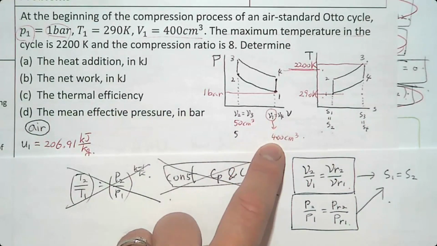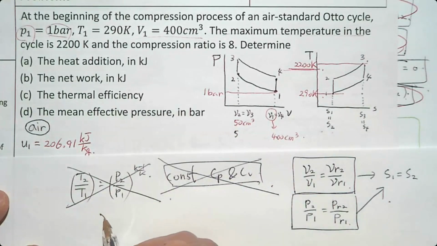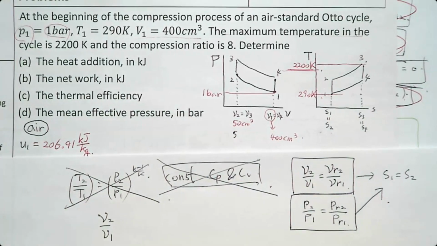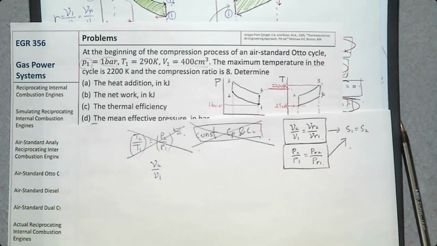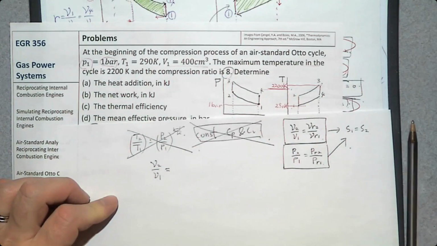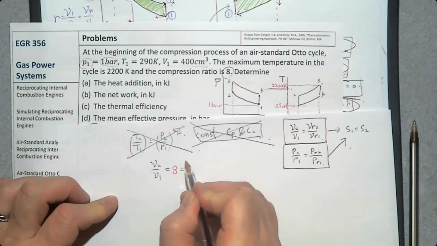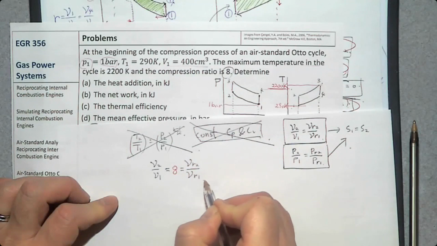We know V1 is 400, V2 is 50, so we can determine V2 over V1. That V2 over V1 is the compression ratio 8. Then we can say this is also the same as VR2 over VR1.